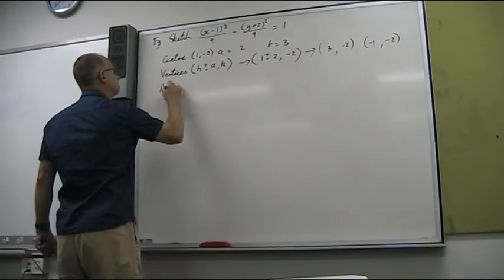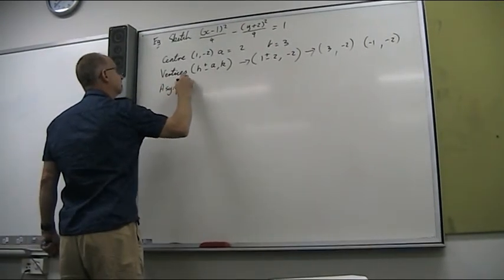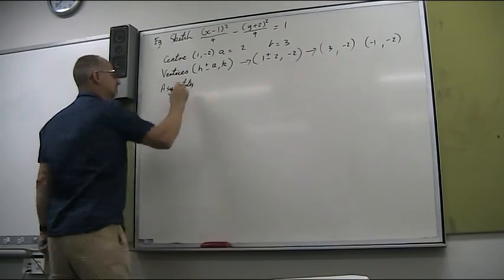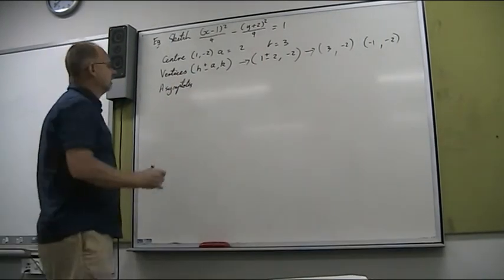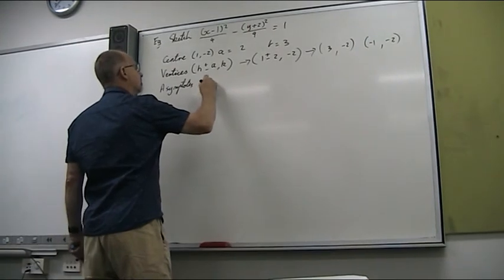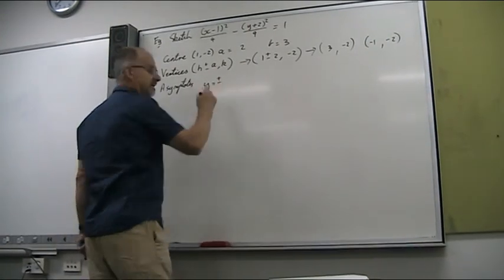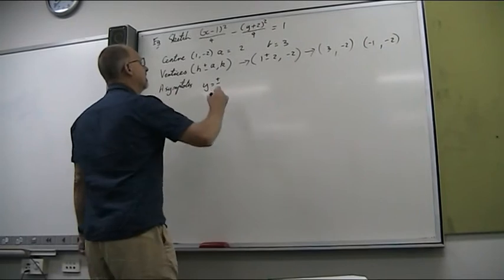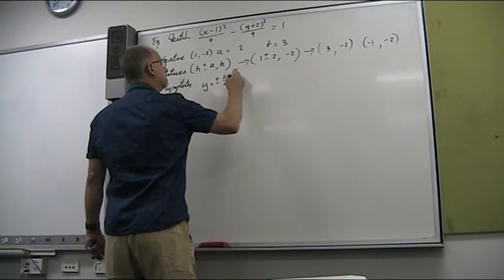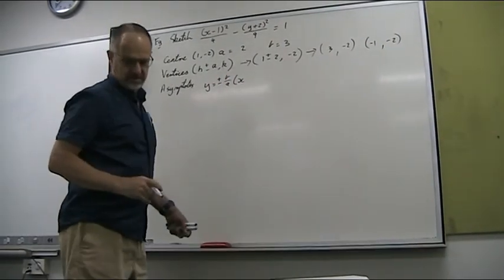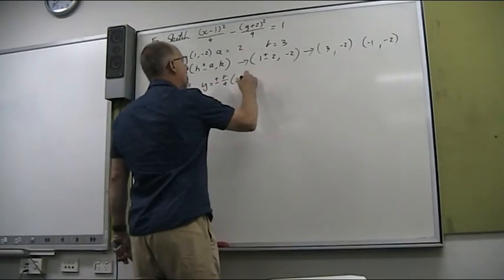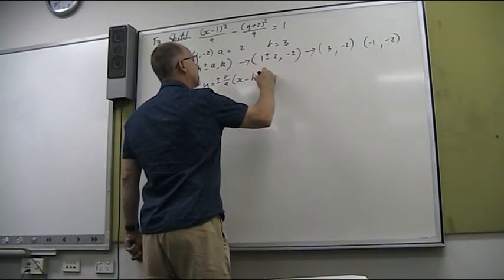Asymptotes. So our asymptotes are y equals plus or minus b on a, x minus h, plus k.